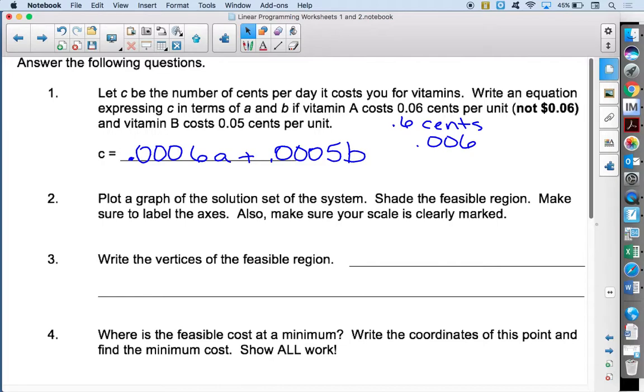Counting by 50s works really well for that graph if you're working on that graph. You can count by 100s. Yeah.